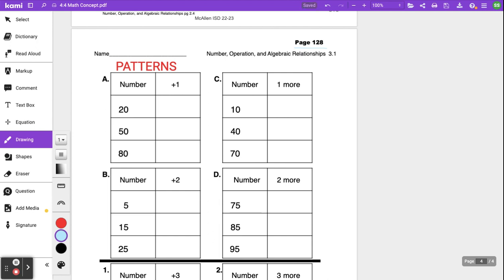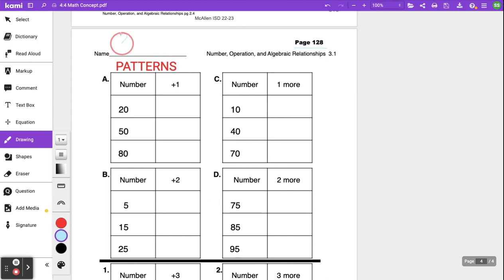For example, you know how to count by fives. 5, 10, 15, 20. Yes, very good. You all know how to count by fives. You also know that, for example, the number 5 always comes before the number 6. If it's 5, 6, or if it's 15, 16, those are always there.